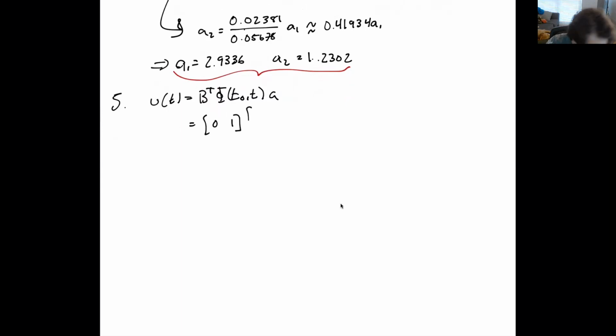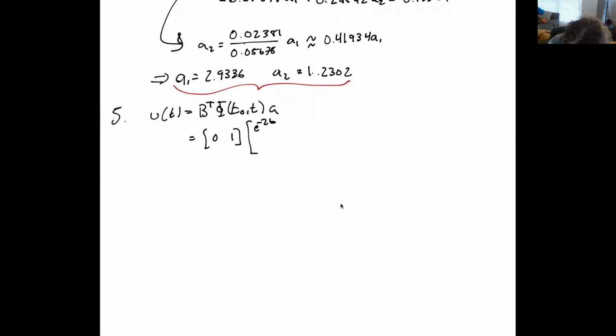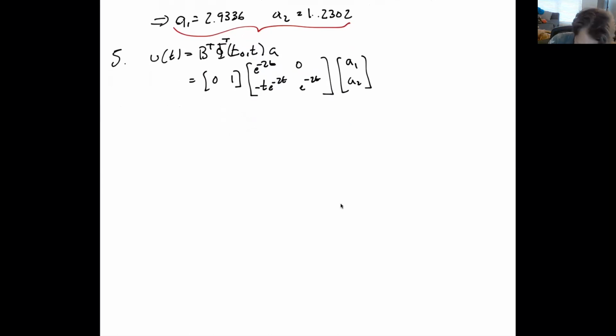And then our state transition matrix is e, and the state transition matrix should be transposed as well. 0, minus T e to the minus 2T, and e to the minus 2T. And then this times A1, A2.